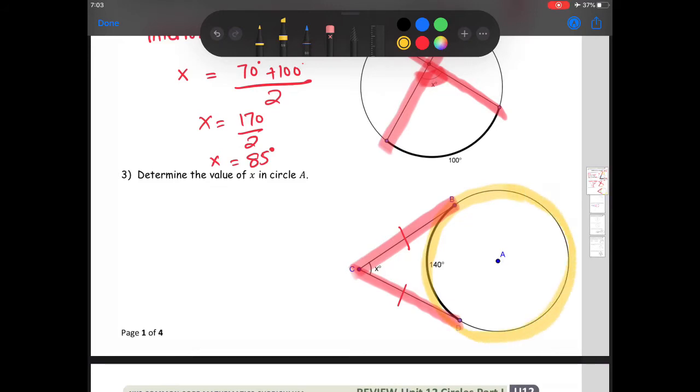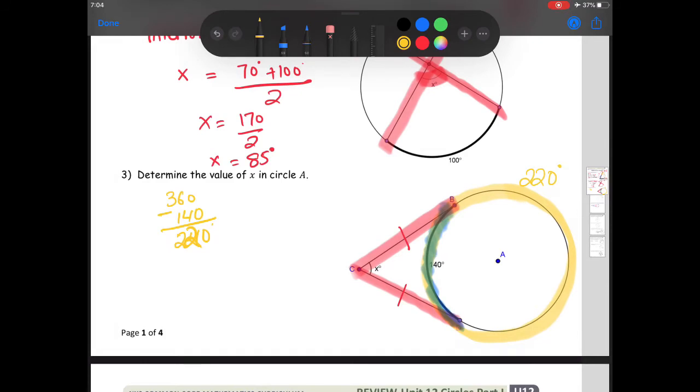I know a portion of it is what? This is 140. So what would be the remaining? 360 minus 140 is how much? 240. Oh no, 220. Sorry, my bad. 220, right? So this is 220 degrees.